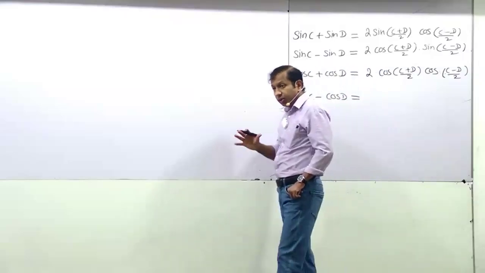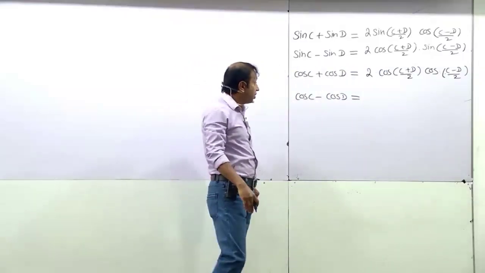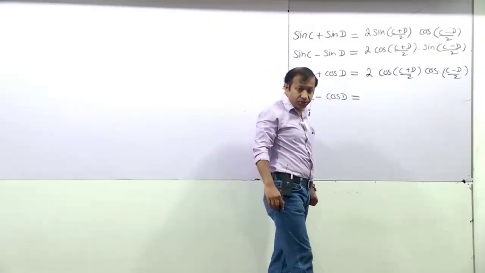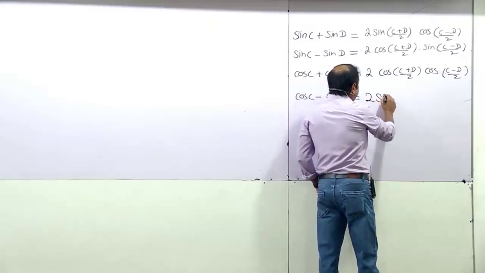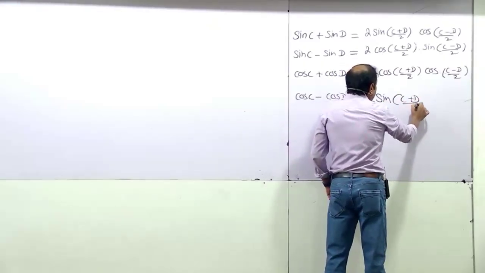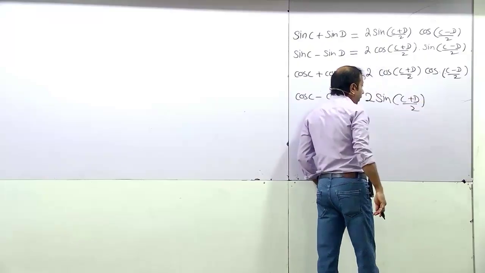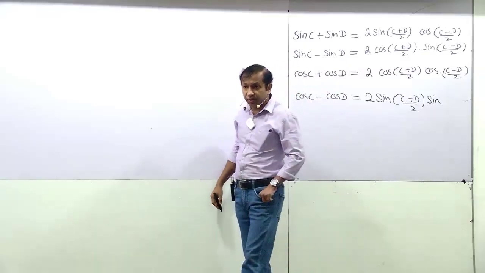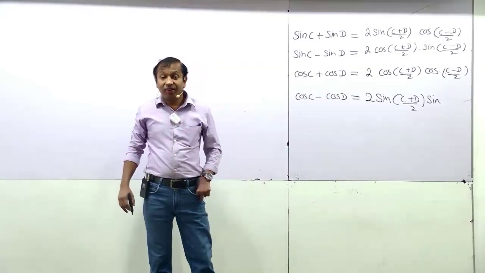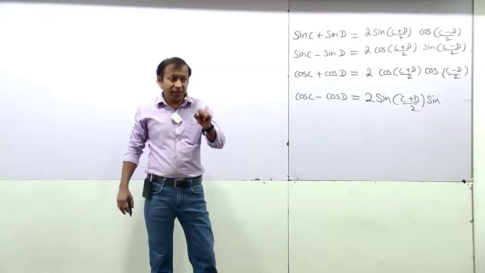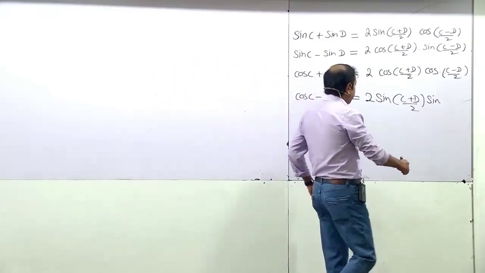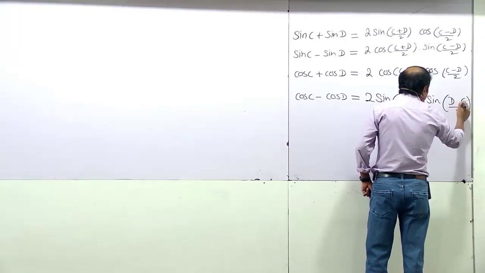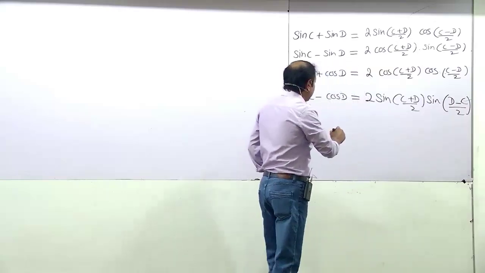Cos sum we get only in terms of cos. Now, let us see cos difference. Cos C minus cos D is 2 sin C plus D by 2, and the second one also sin, and not C minus D, it is D minus C by 2. Remember this one, very important, may be confusing.